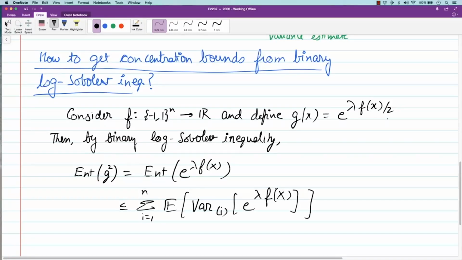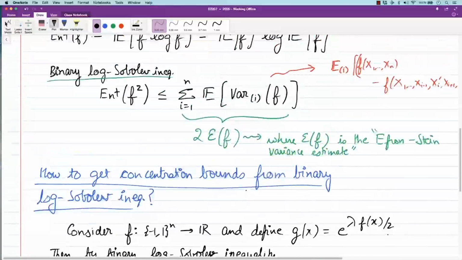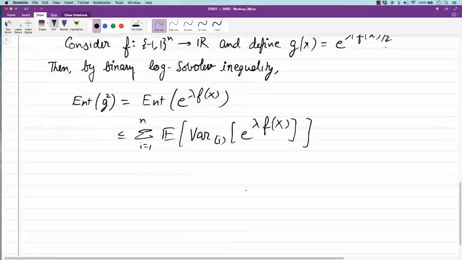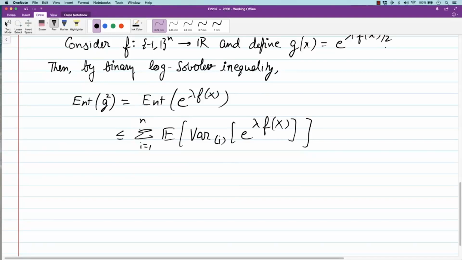Okay, and this quantity, e to the power lambda f(x), is a quantity we had seen earlier. Remember, when we were deriving concentration bounds using the Efron-Stein inequality, we showed that this quantity is less than or equal to, see lecture 7, I think.